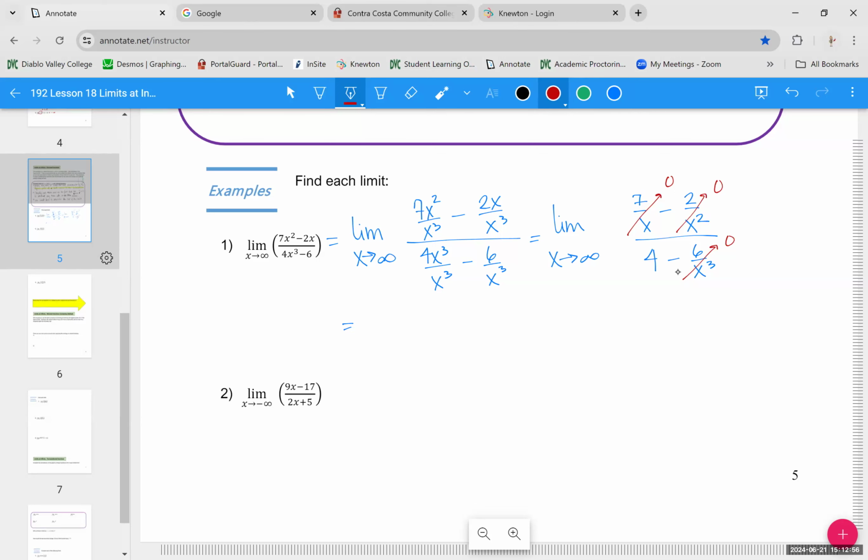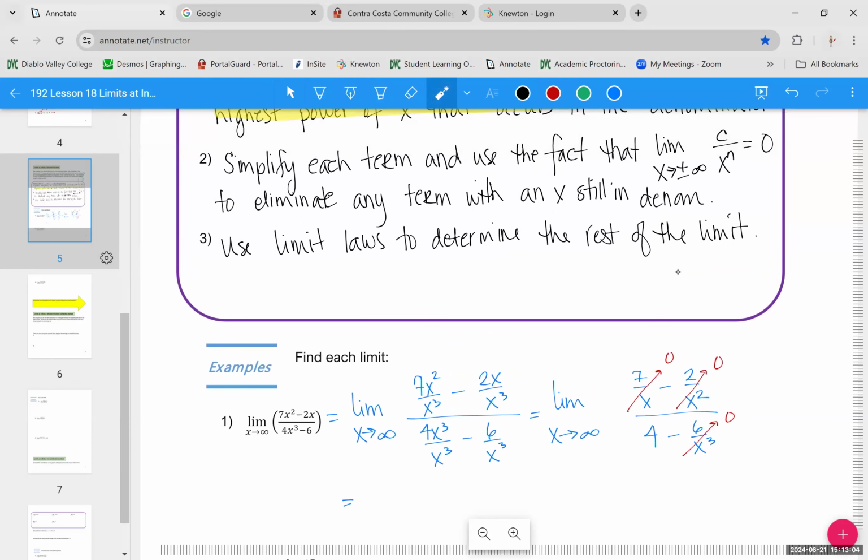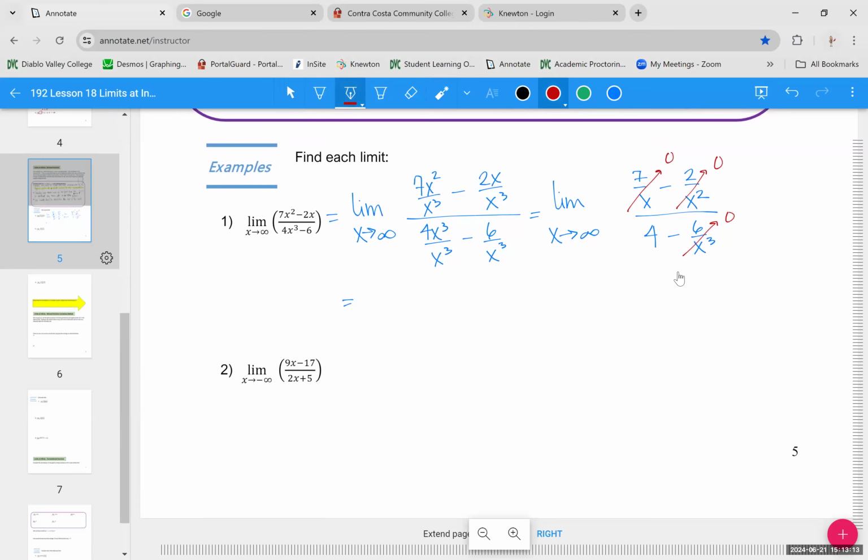I'm indicating through these arrows that each one of these terms is going to fall under that constant over x to a power limit, as x goes to infinity or negative infinity. So each one of those, the limit will go to 0. So what I'm left with is just that 4 in the denominator. And so the numerator will go to 0, the denominator will go to 4, and so my limit will be 0.